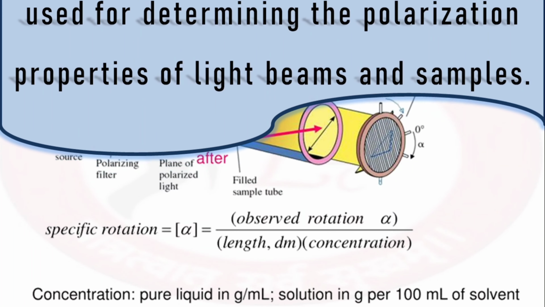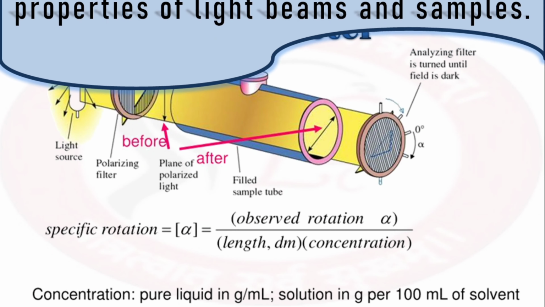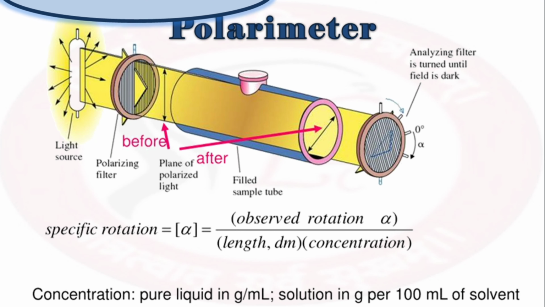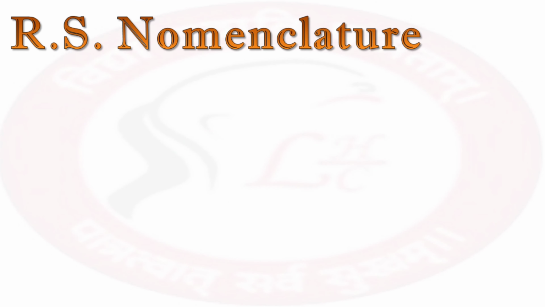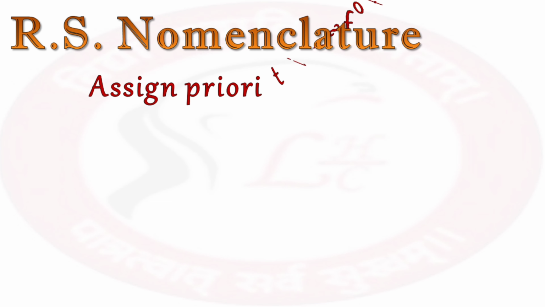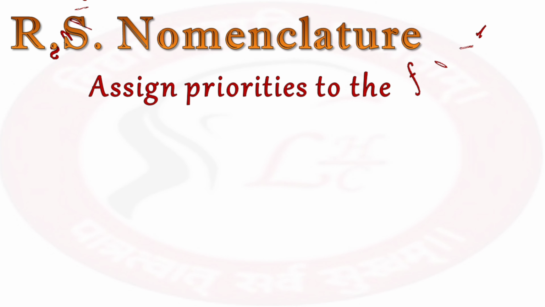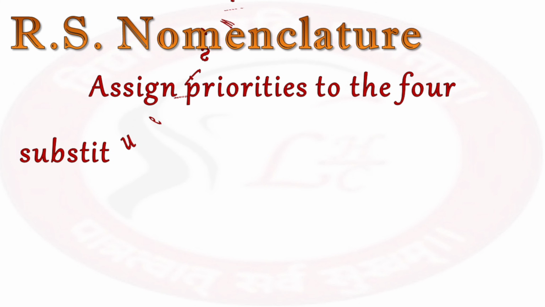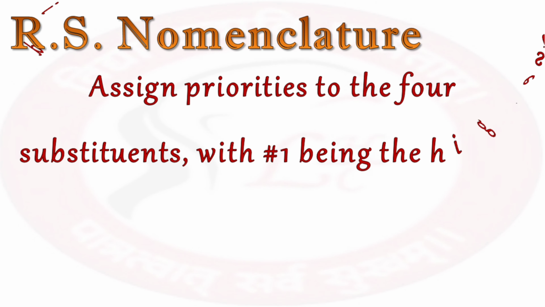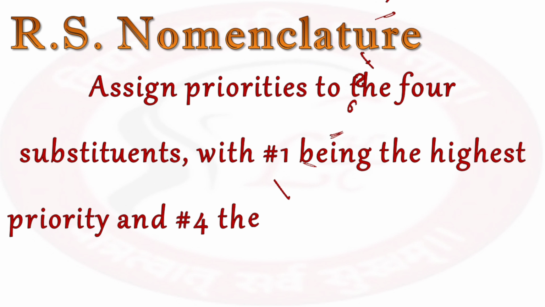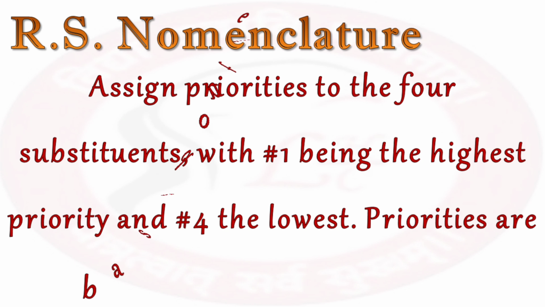So as we are going into the discussion of the R and S configuration, let us be clear how the spatial arrangement of tetrahedral carbon with respect to the plane of molecule is depicted. Before we assign RS system, the four groups attached to the chiral atom have to be arranged in a relative order of priority.